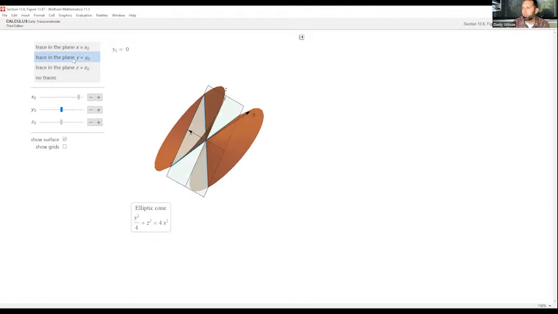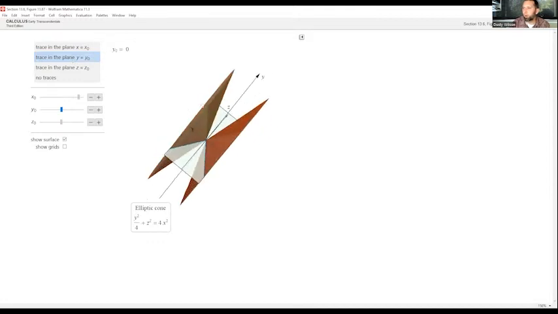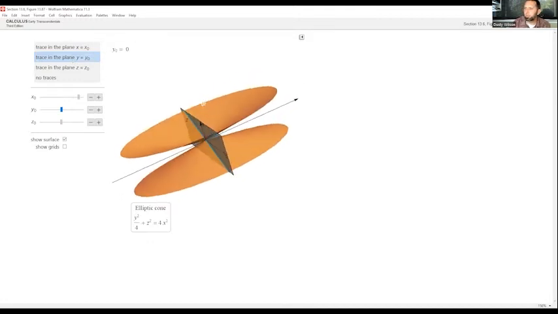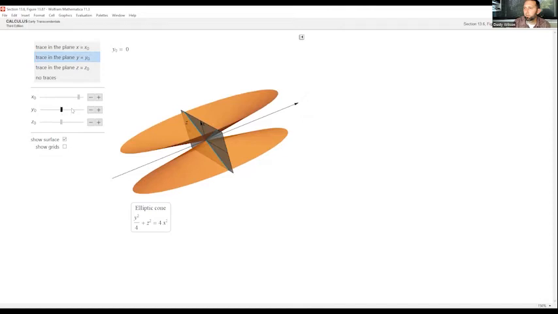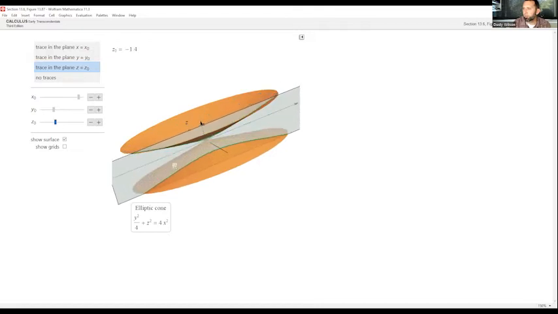We look at traces parallel to the y-axis. Notice that we have hyperbolas. And if we run parallel, in the plane z equals z naught, again we will have those hyperbolas.